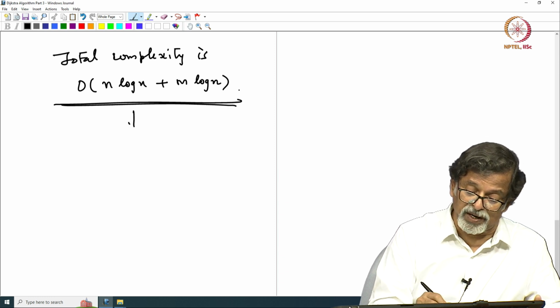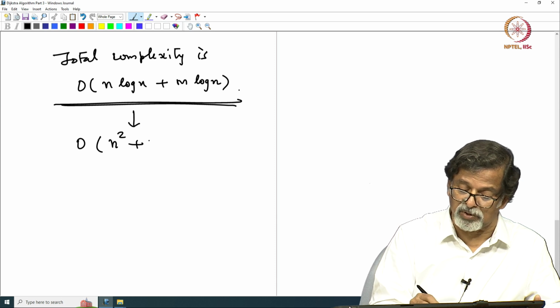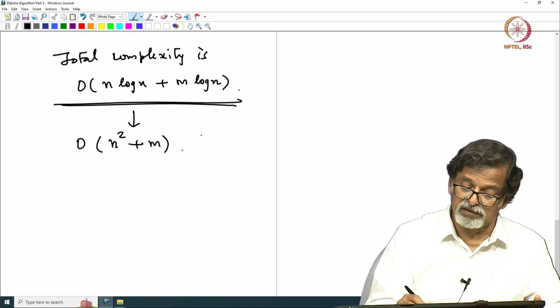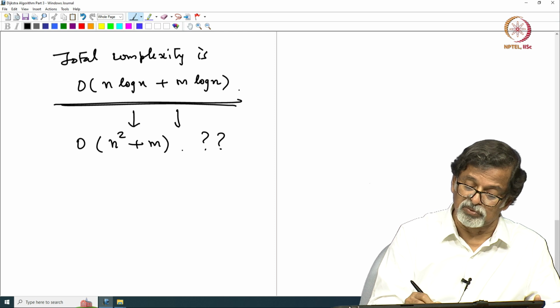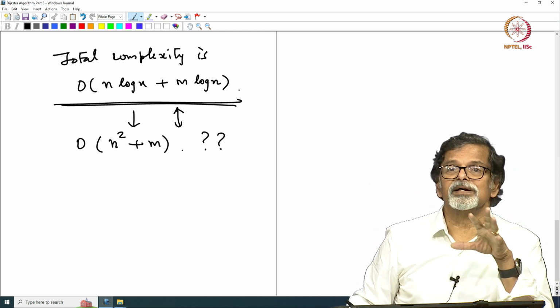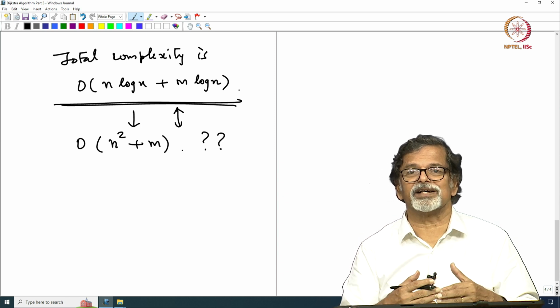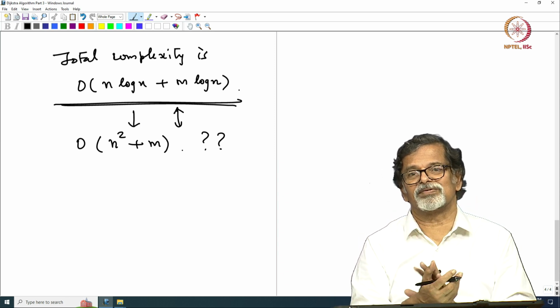How does this compare with our previous array based implementation, which is n square plus m? How do you compare these two? Which one is better? Well, you cannot definitely say which one is better. It depends on the graph.